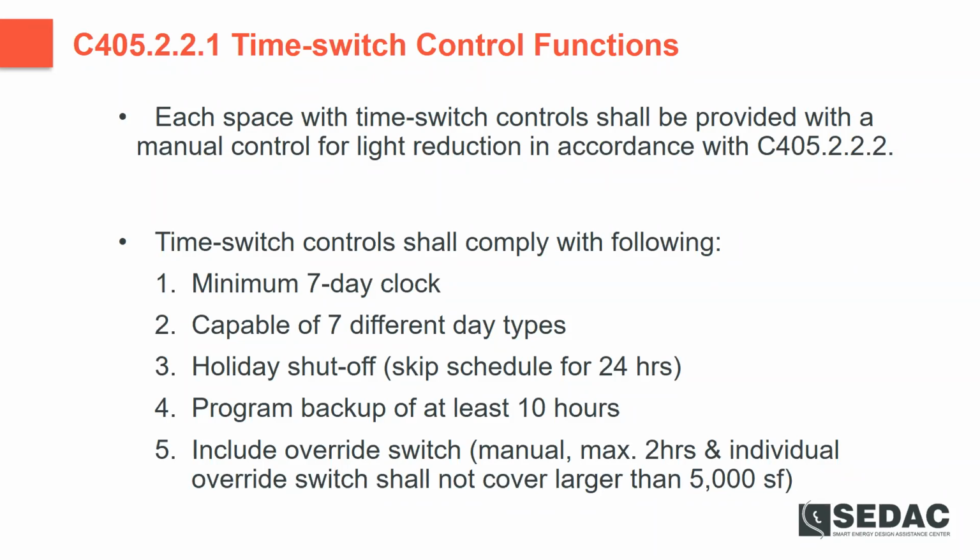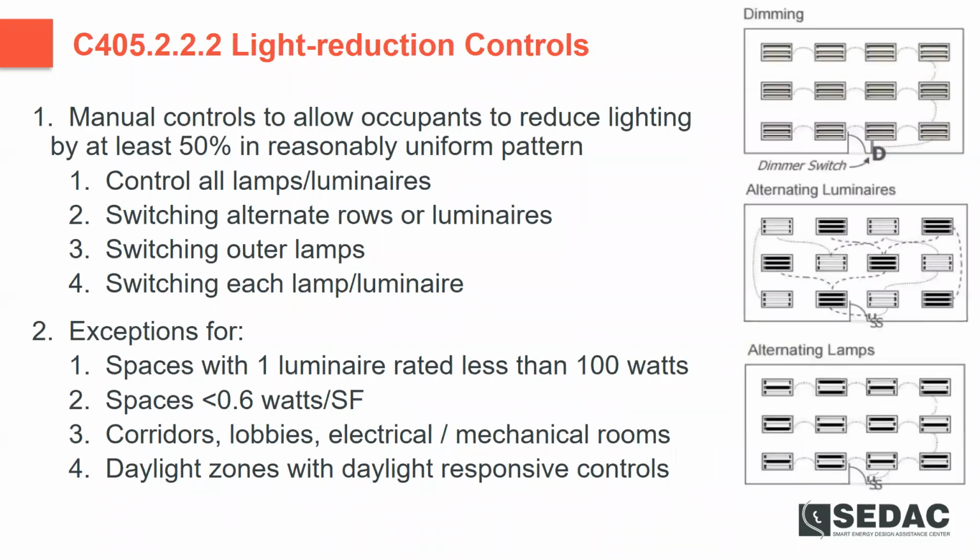And it should include an override switch with a maximum manual override of 2 hours. And individual switches should not cover more than 5,000 square feet. There are some exceptions for large mall type areas, things like that.